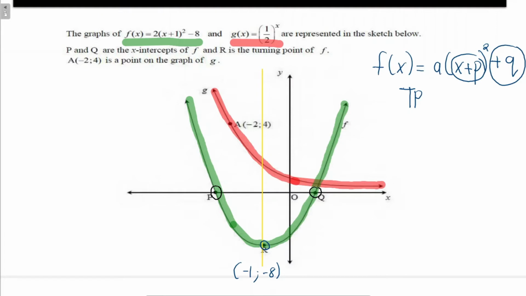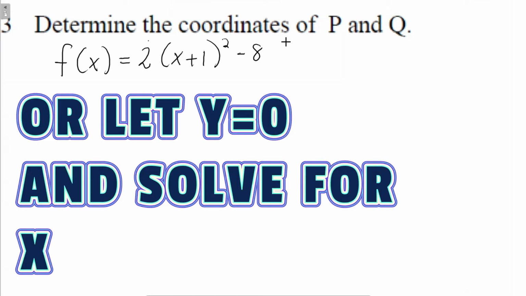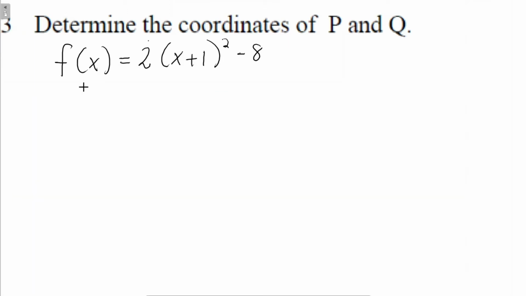Guys, to get the x-intercepts for this function, we are given the equation f of x equals 2x plus 1 all squared minus 8. What you need to do here is expand this expression, get rid of the brackets, and get this equation in the form f of x equals ax squared plus bx plus c.